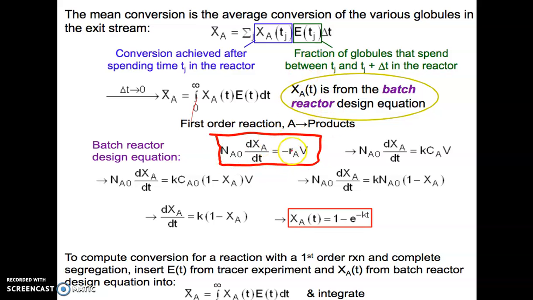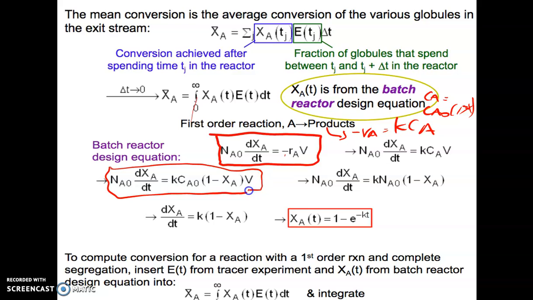For a first-order reaction, your negative r_A becomes k C_A, and your C_A is C_A0 times (1 minus X). When you insert these two equations, it becomes this.